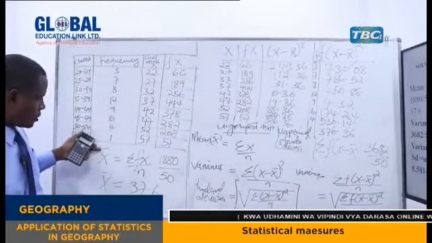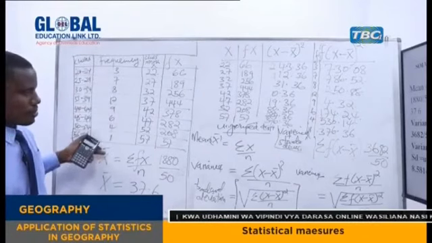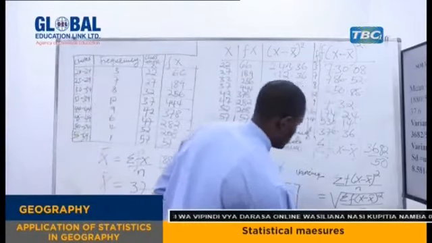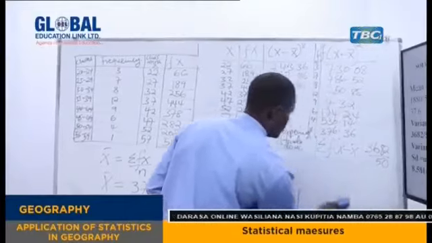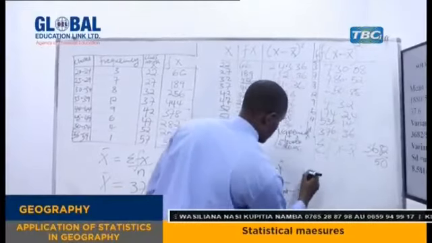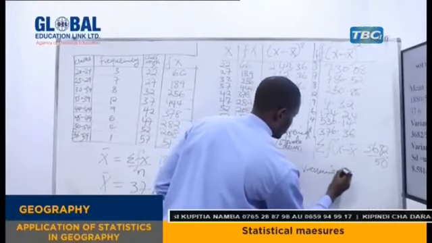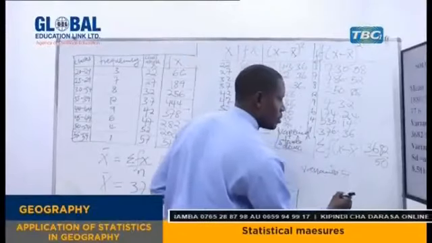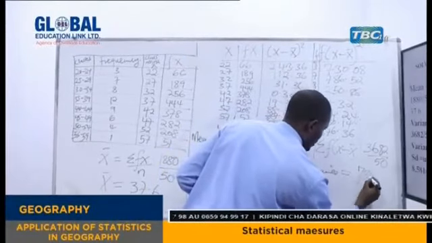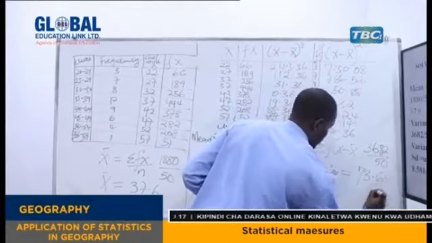You remember what we did here. We are still talking about the frequencies. So if you divide by 50, the variance will be equal to 73.64. The variance.